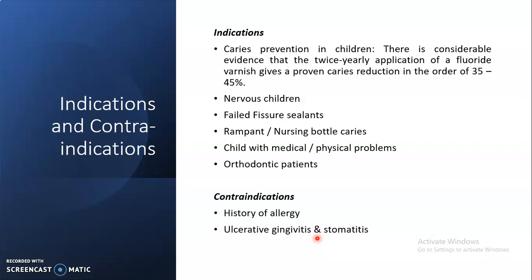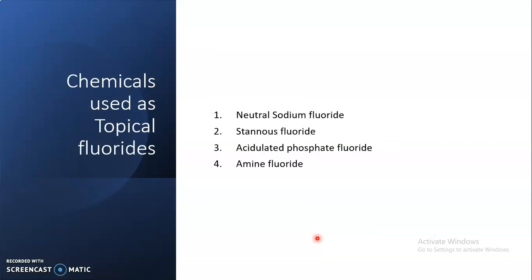The contraindications are any history of hypersensitivity or allergy, or ulcerative lesions on the soft tissues, as the varnish can irritate these lesions. Hence it is contraindicated when there is an active ulcer present in the soft tissue. So these are the indications and contraindications of fluoride varnish.